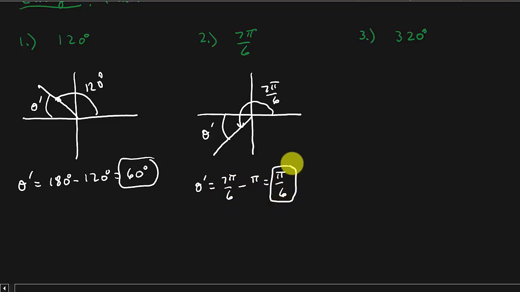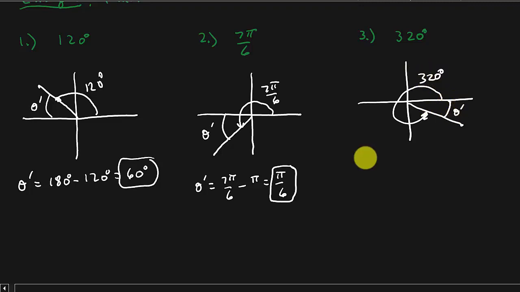And then for 320 degrees, there's 320. Here's my reference angle. So my reference angle would be 360 minus 320, which would be 40 degrees.